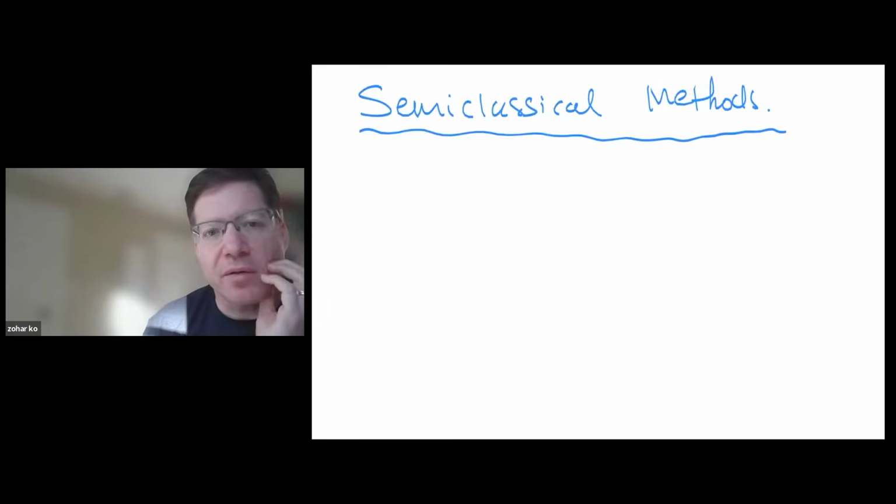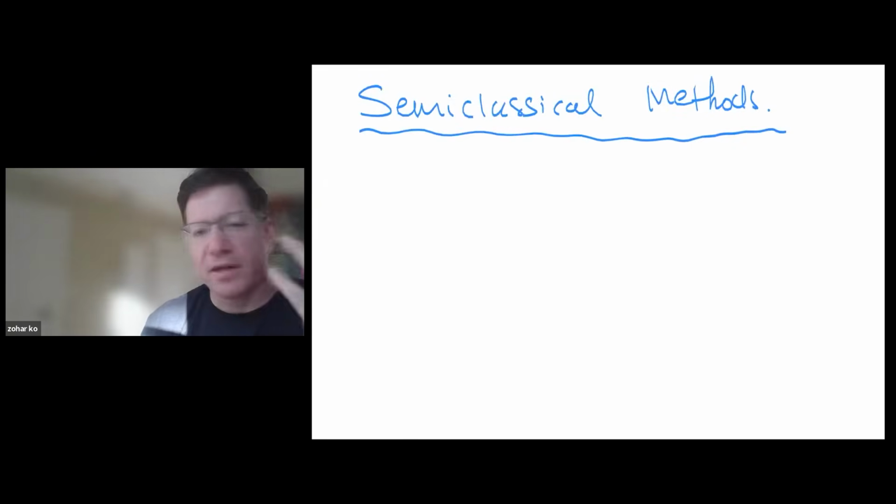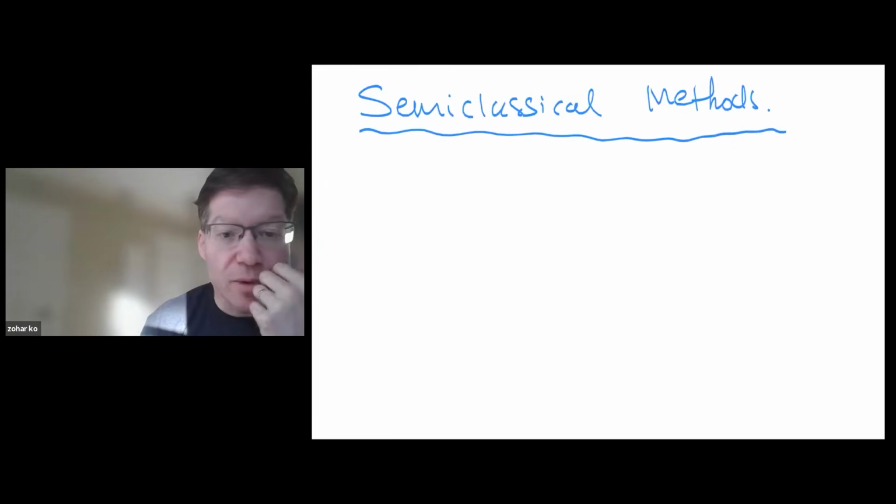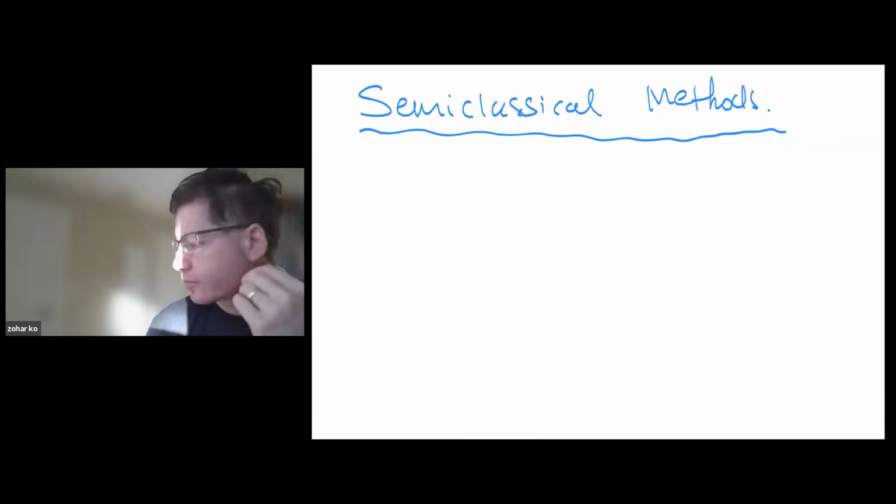By many-body quantum systems, you should think about quantum field theories with very strong interactions between the particles. You can also think about condensed matter systems with very large interactions, very far from the quadratic approximation.